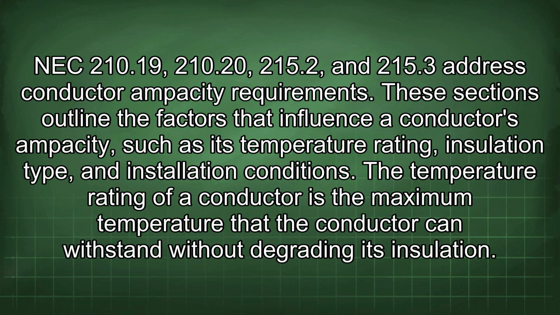NEC 210.19, 210.20, 215.2, and 215.3 address conductor ampacity requirements. These sections outline the factors that influence a conductor's ampacity, such as its temperature rating, insulation type, and installation conditions. The temperature rating of a conductor is the maximum temperature that the conductor can withstand without degrading its insulation.